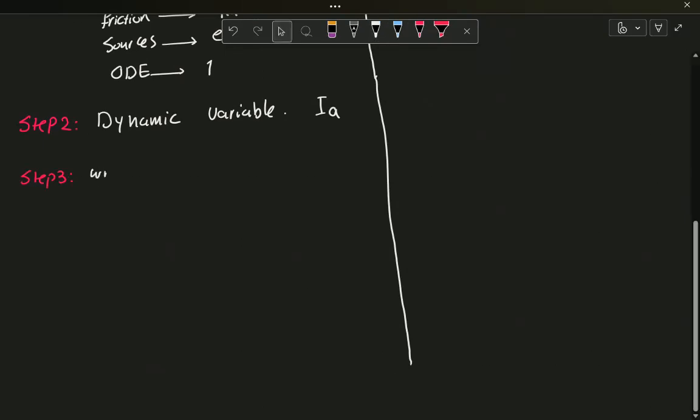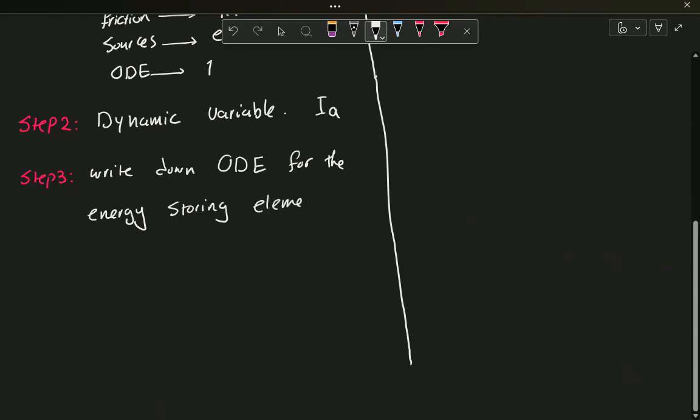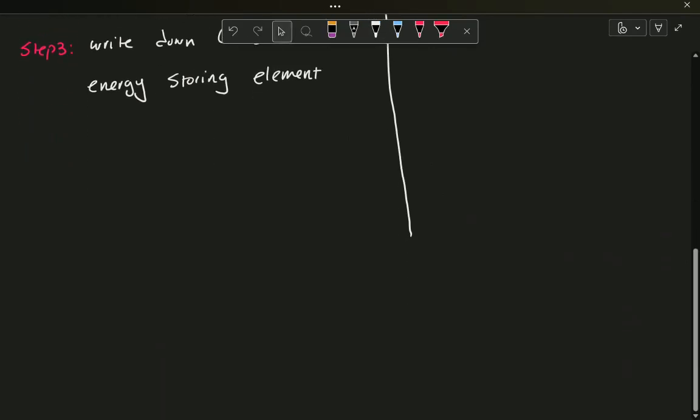Yes, so write down the ODE for the energy storing element. Okay, look at this.